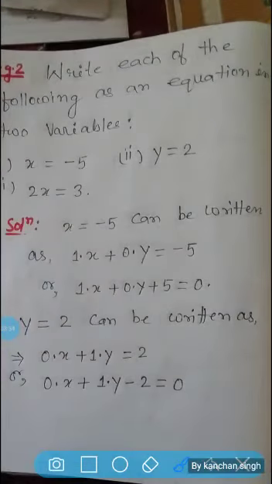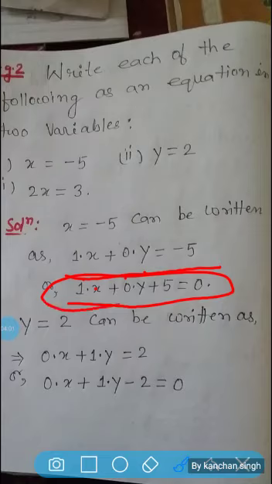First we have to arrange. If we multiply the value of x with 1, then there will not be any problem. 1 into x plus 0 into y is equal to minus 5. ax plus by is equal to minus c, because ax plus by plus c is equal to 0. So this can be written as 1 into x plus 0 into y plus 5 is equal to 0.